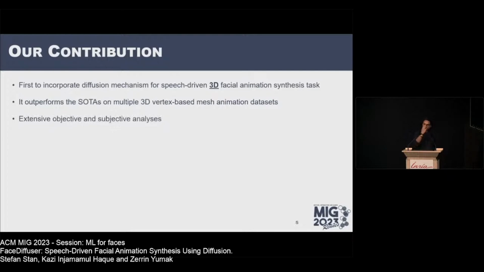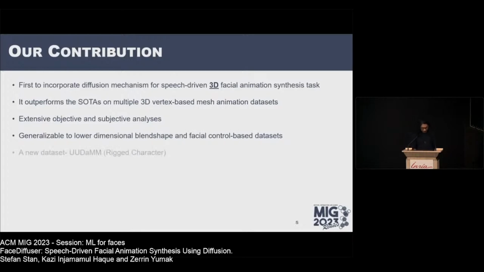We conducted extensive objective analysis, taking into account the objective metrics that we found in literature, and we also did extensive subjective analysis ourselves on the quality of the generated animations. It is generalizable to lower-dimensional blend shape datasets as well, or facial control-based datasets.